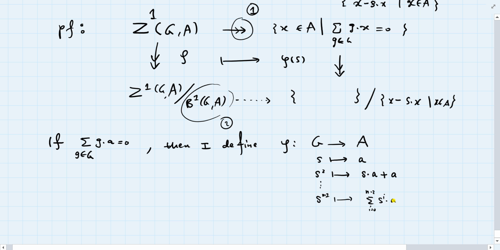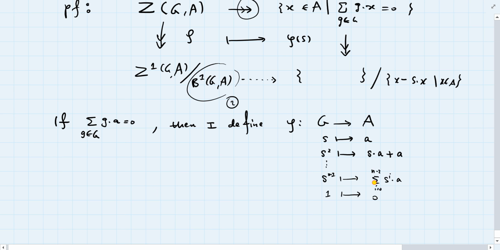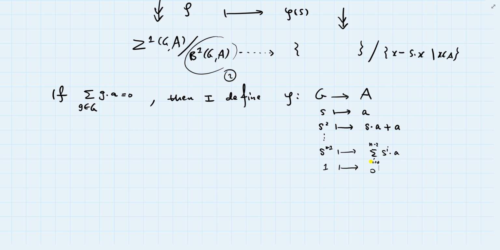Okay. The 1 to 0. Because we defined on each element correctly. I mean, this is just a function. Tell me the image on each element.